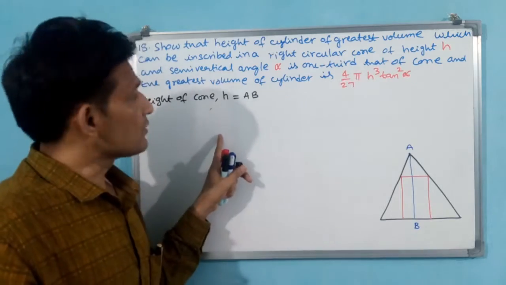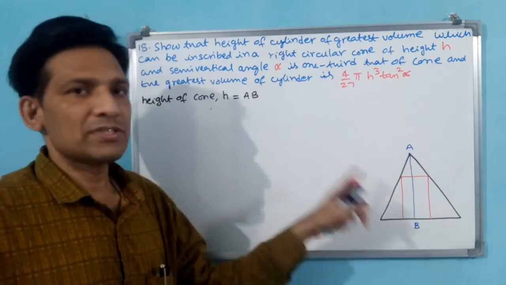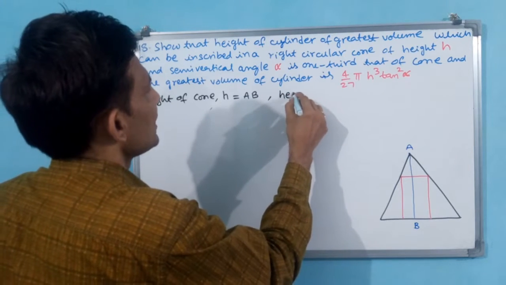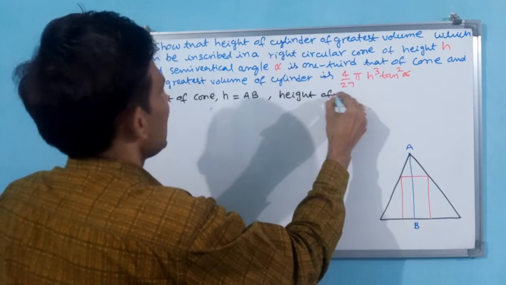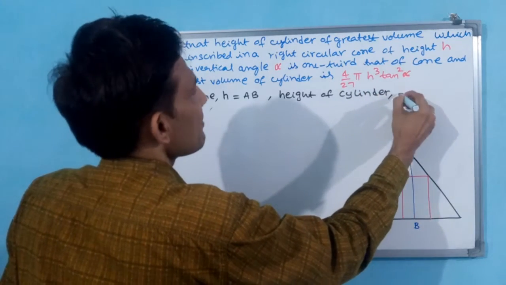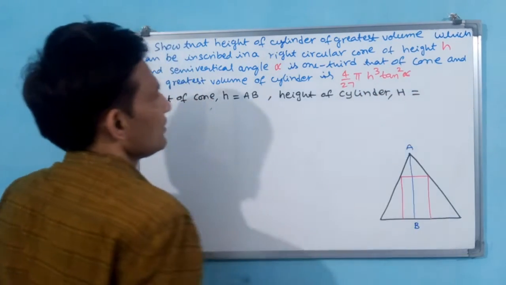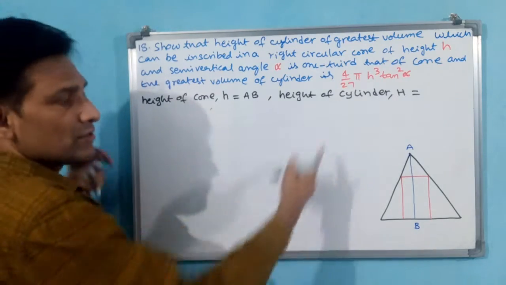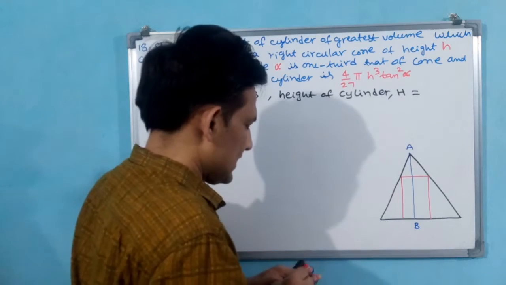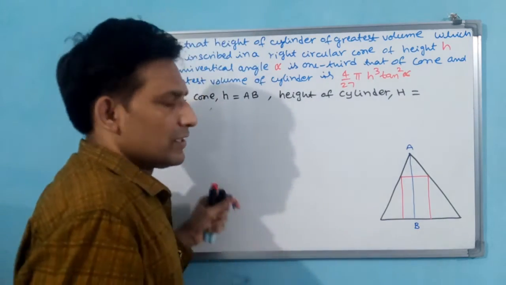If this is the small h, you will take the height of the cylinder as capital H. Height of cylinder, capital H is equal to, if this is small h, this is capital H, we will take like that. See here, capital H is what?